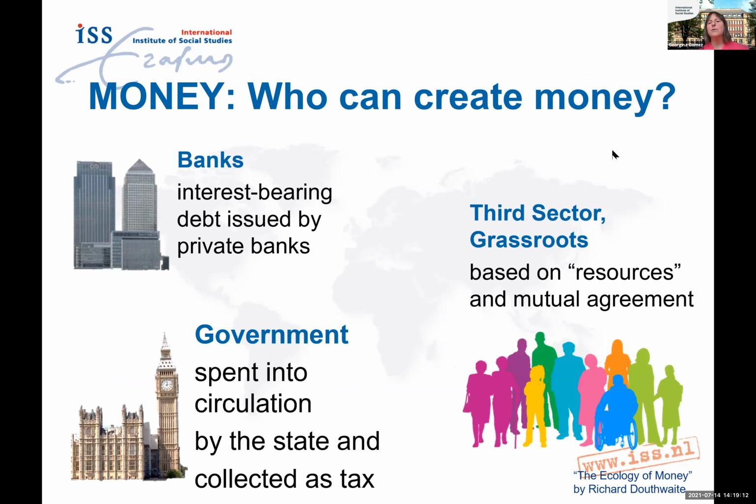But also people in the third sector and grassroots organizations, they can create things that look like money. And they are based either on mutual agreements, like, okay, I agree to accept this money as long as my neighbors do. So it's a system that has a lot of reciprocity involved, or as resources.